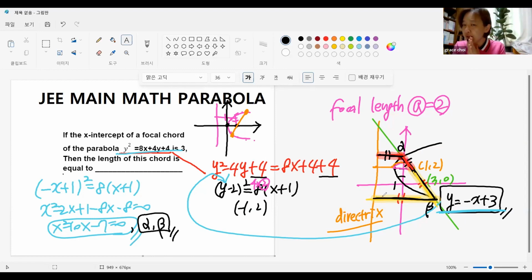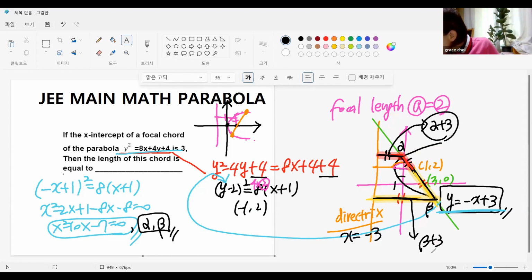What is the length of the shorter parallel line? It is alpha minus the directrix. We know the directrix is x equals minus 3. So the shorter one is alpha plus 3, and the longer one is beta plus 3.